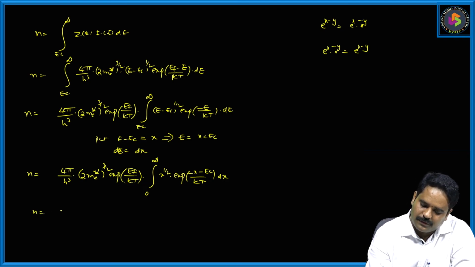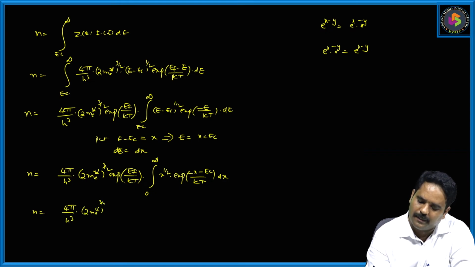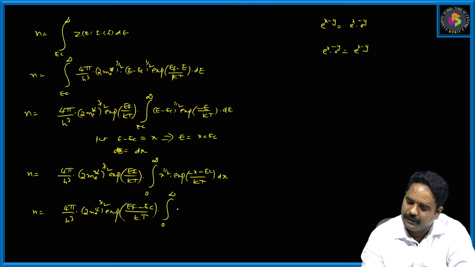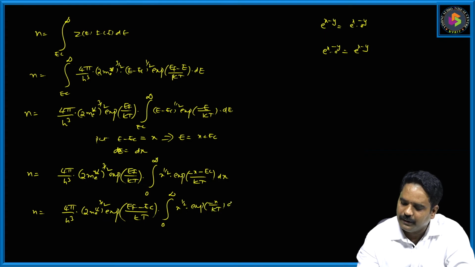Then n equals 4π by h cubed (2 me star) to the power of 3/2 exponential of (Ef minus Ec) by kT into the integral from 0 to infinity of x to the power of 1/2 e to the power of minus x by kT dx.